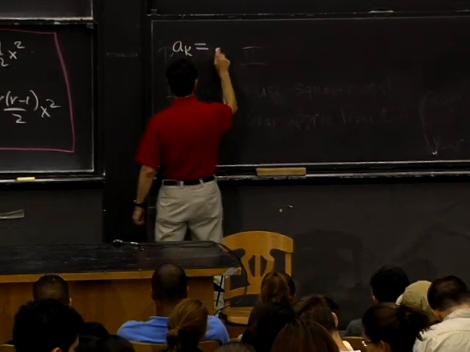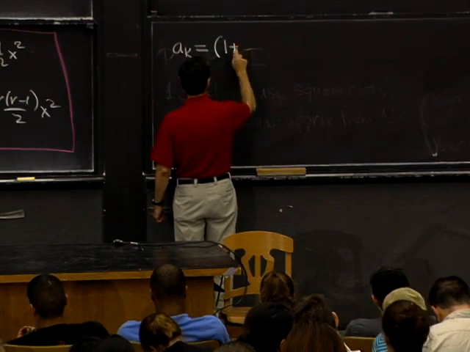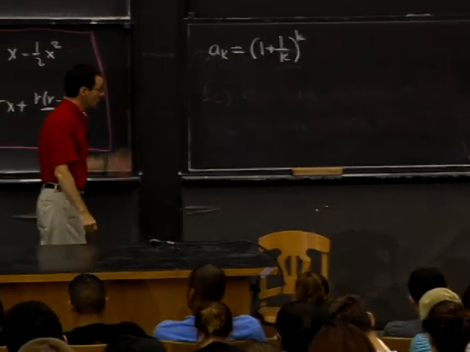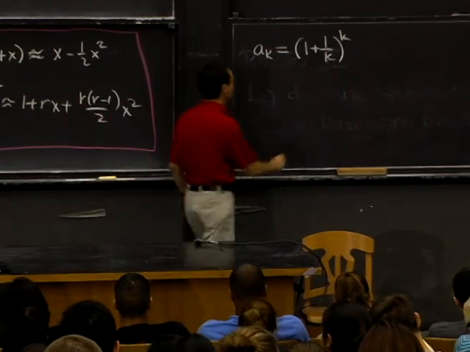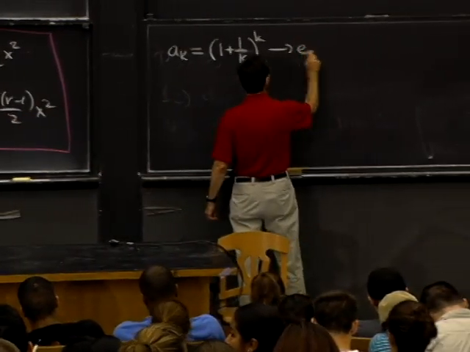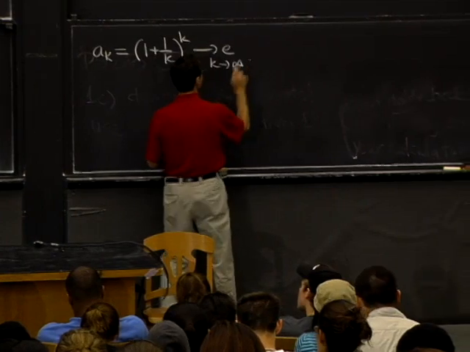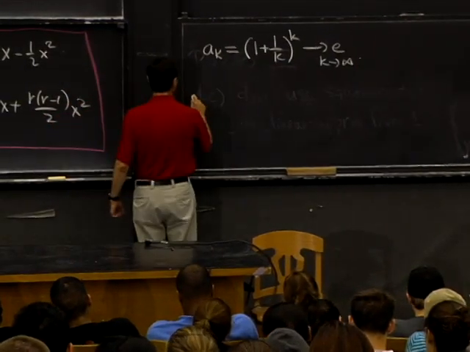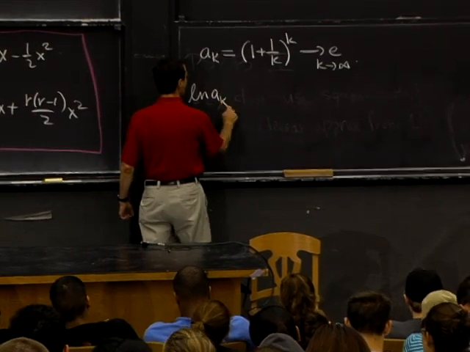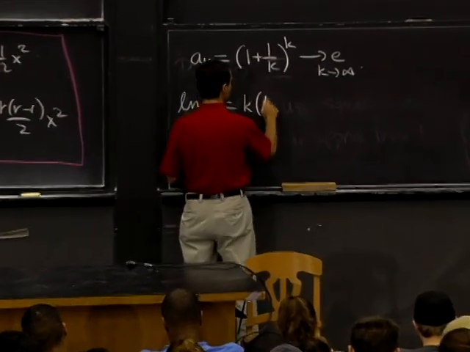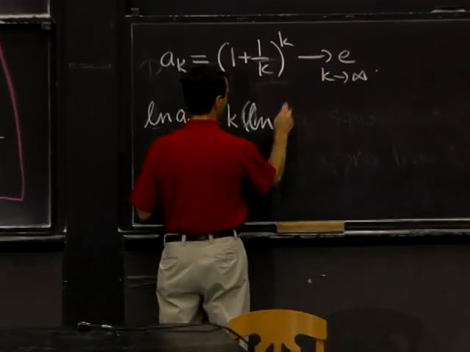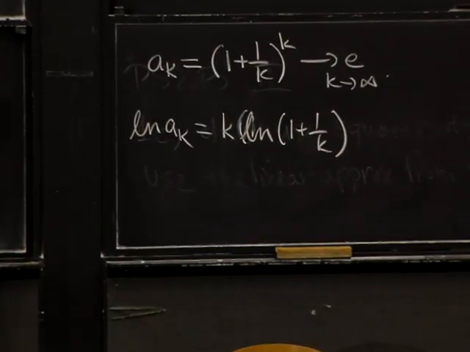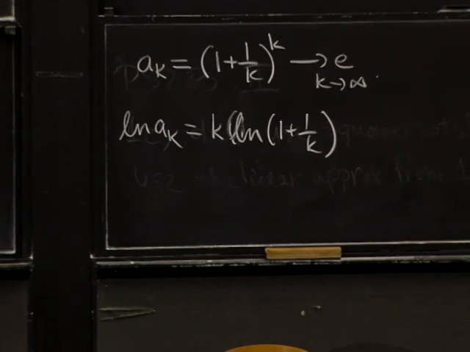So there's this expression that we were dealing with, and we talked about it in lecture, and we showed that this tends to e as k goes to infinity. That's what we showed in lecture. And the way that we did that was we took the logarithm, and we wrote it as k times the logarithm of 1 plus 1 over k. And then we evaluated the limit of this.